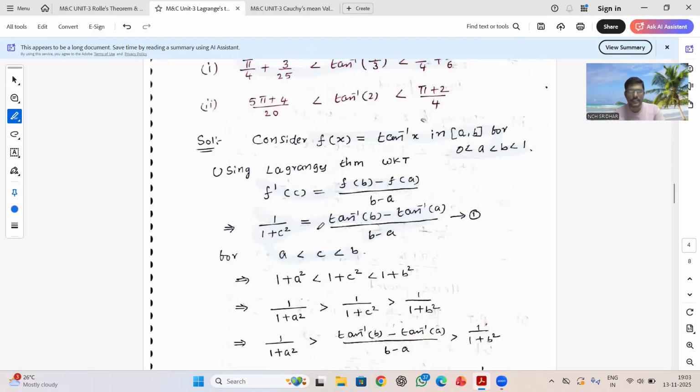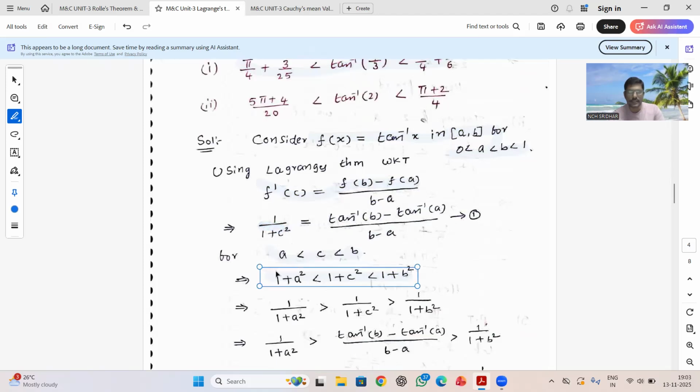Now what is there here? Here 1 + c² is there. So we need to square this inequality and add 1. Then we get 1 + a² < 1 + c² < 1 + b². But what we have here is 1/(1 + c²), so we need to get 1/(1 + c²).